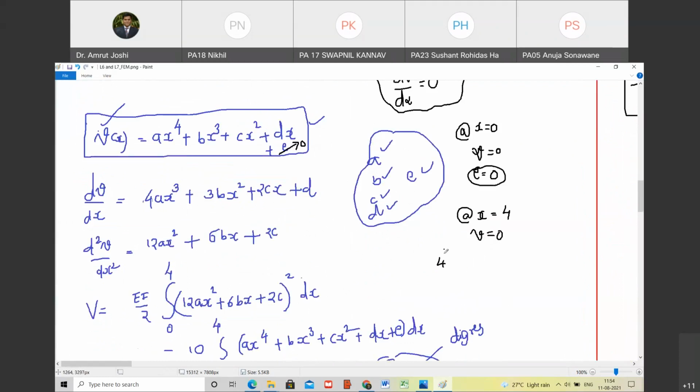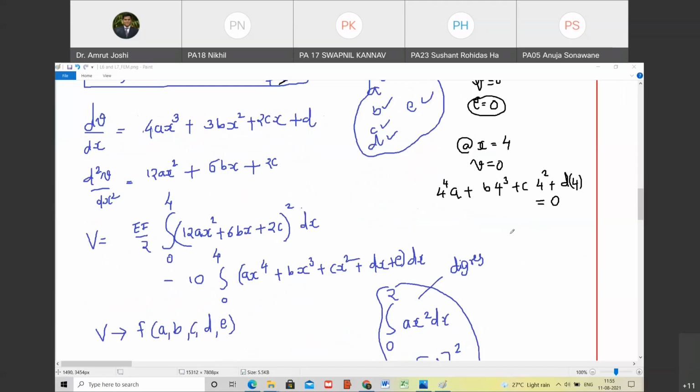So A into 4 raised to 4, plus B into 4 cube, plus C into 4 square, plus D into 4. This has to be equal to 0, right?